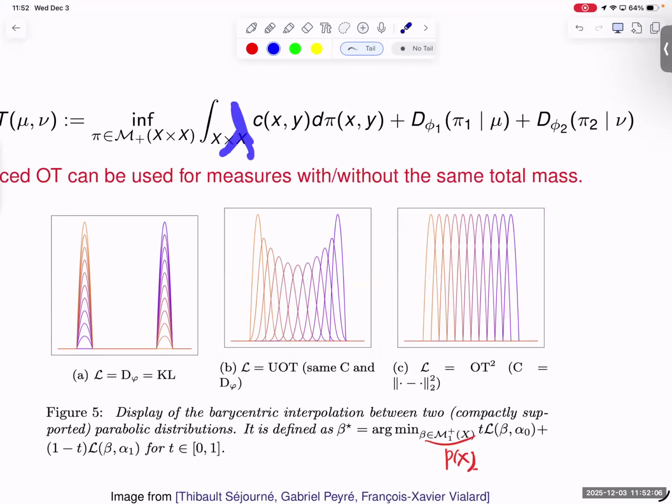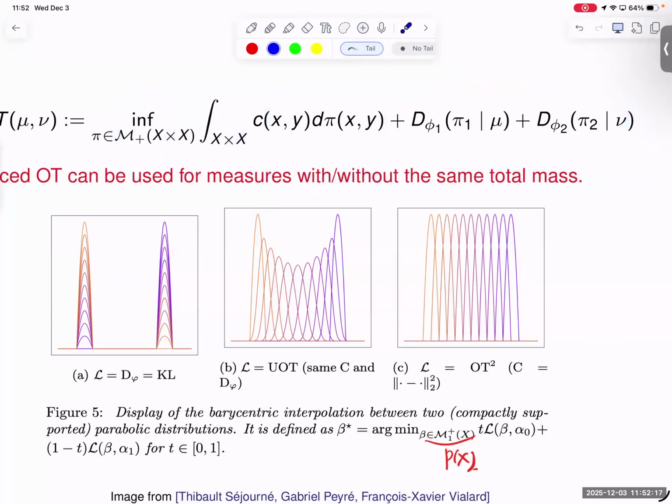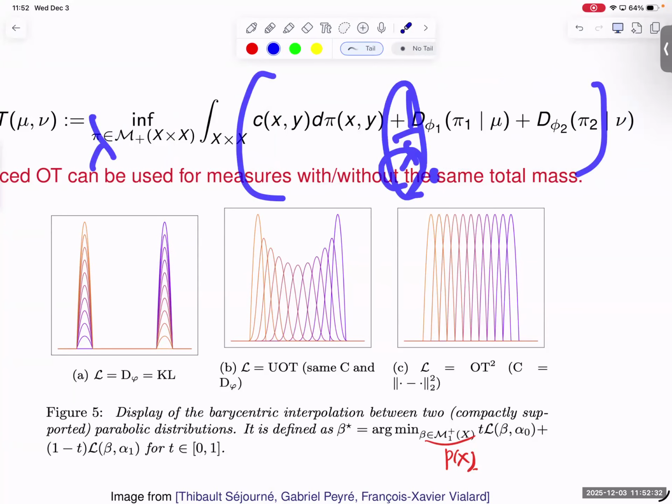Then if lambda goes large, that means in this infimum we prefer respecting this more, so it should be closer to this picture. And if lambda is very small, relatively, if you just normalize this, it's like 1 over lambda here, right? That means if lambda is very small, then this one is very large.